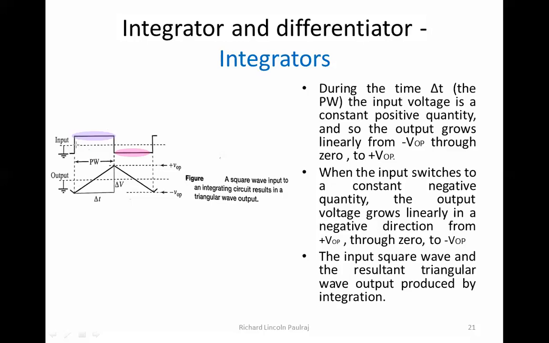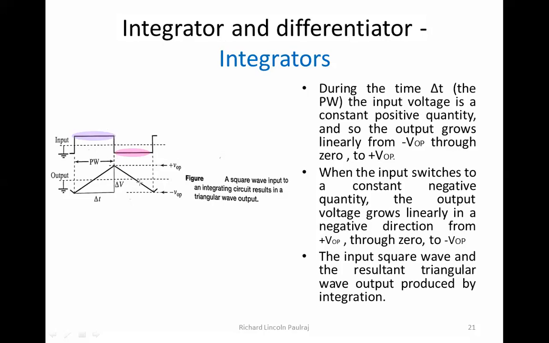The value has increased and then it has come here, and it takes time. So that is the time constant, RC. It is getting charged and then it reaches the maximum. So that is my plus VOP. How does it reach the maximum? Till the point that the input is constant. From that point it comes down.